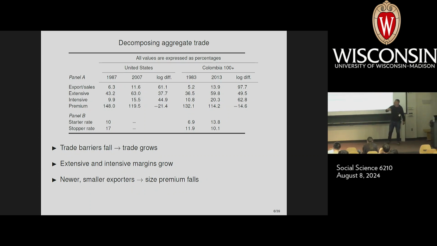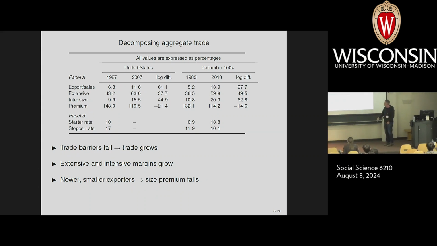And then the stopper rate is the number of firms who stop exporting today who exported yesterday. So there's significant churning. It's not like 10% of firms are moving their way in and back out of markets. And it's that kind of churning that's going to help us. We're going to try to match up these types of numbers. So there's lots of stuff happening in export markets.